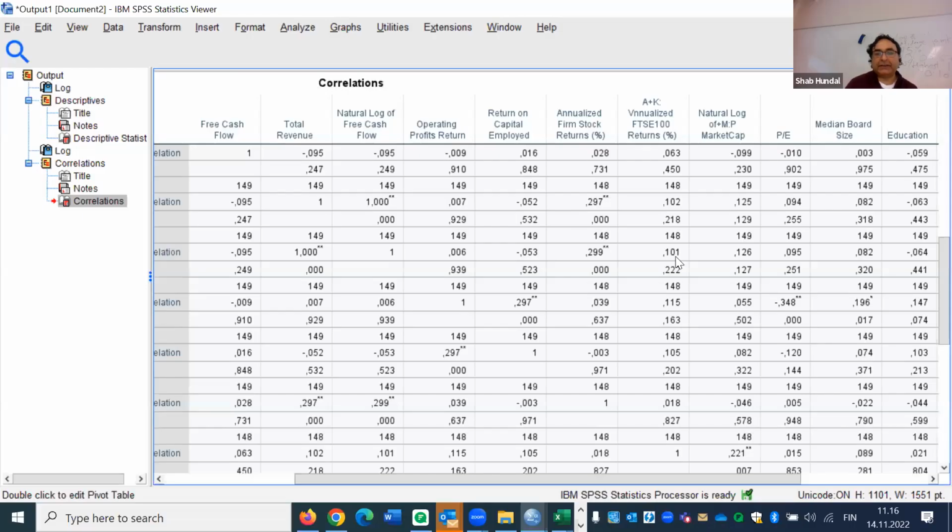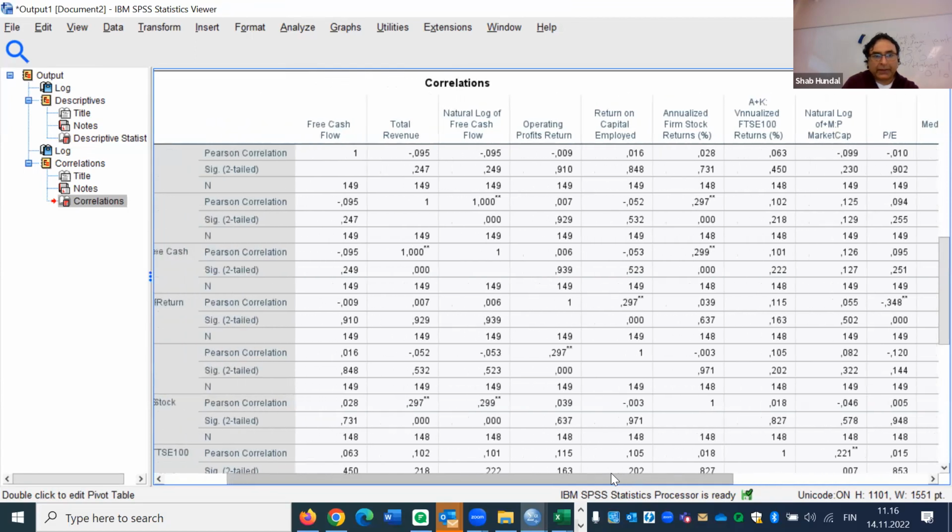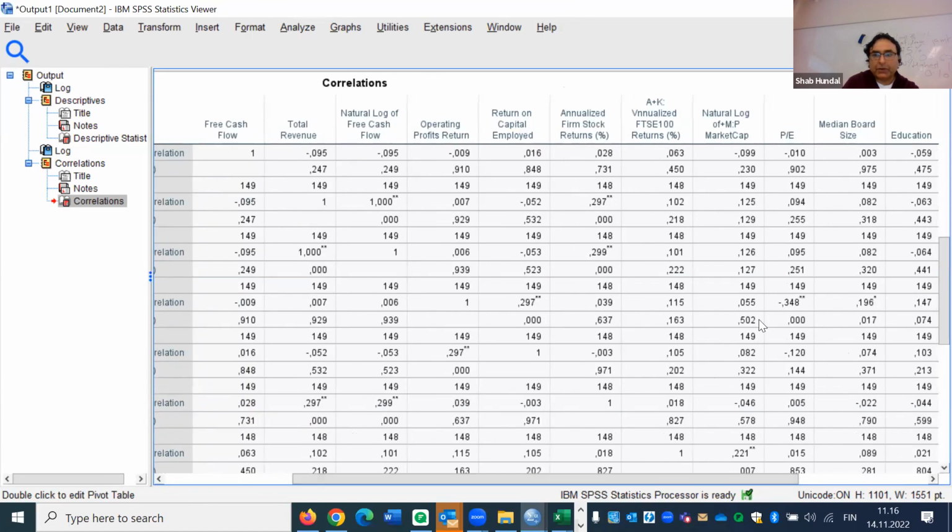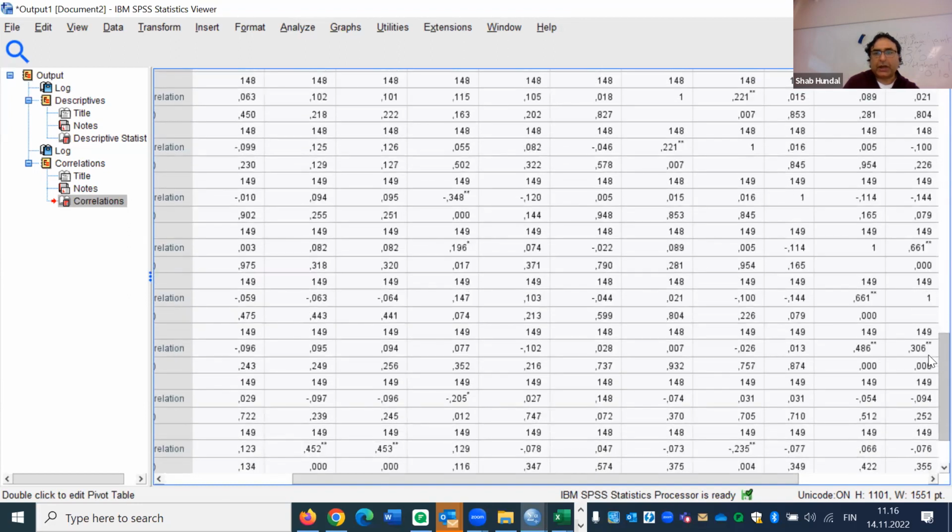For example, look, this is very tragic. Here we have FTSE return, and the free cash flow. Look here. Goodness gracious me, where is the correlation? No, that's a significance level. Okay, so now you know the idea of significance.